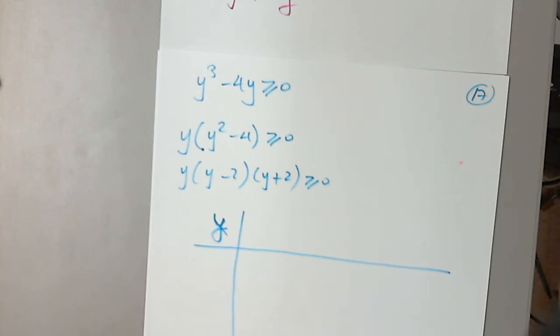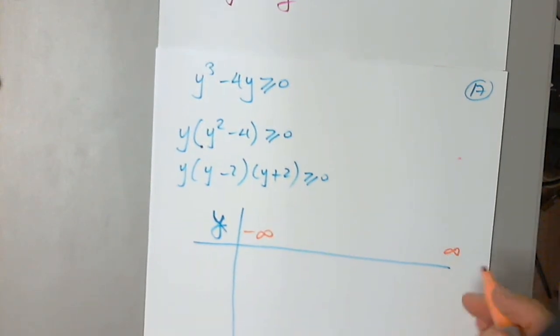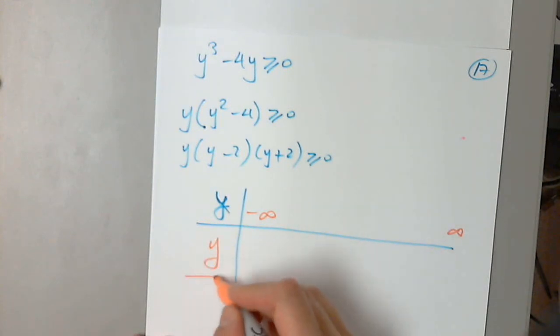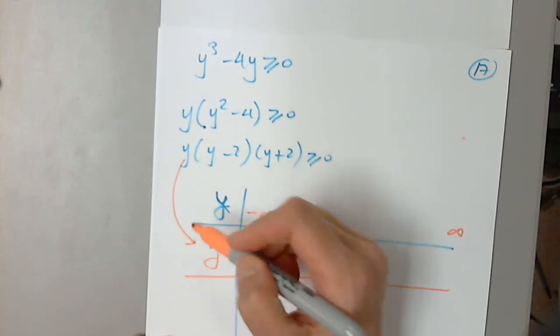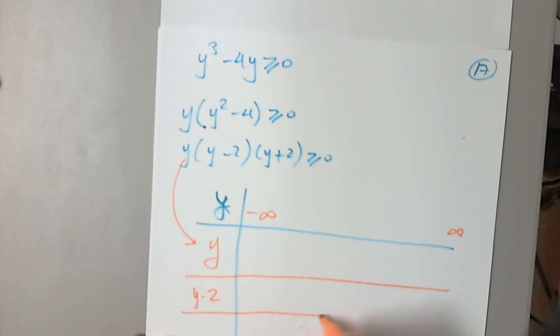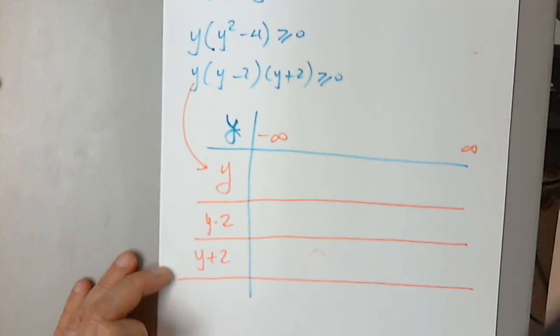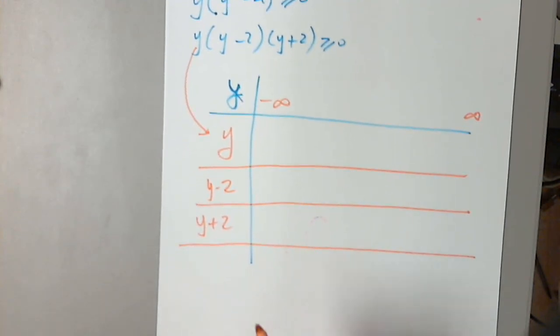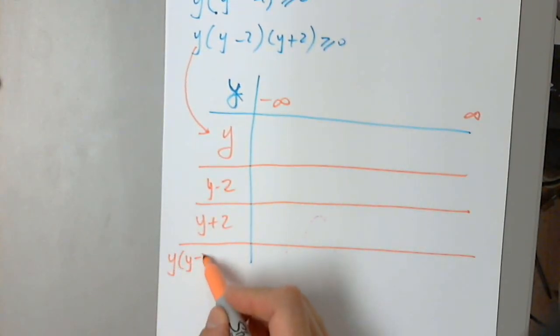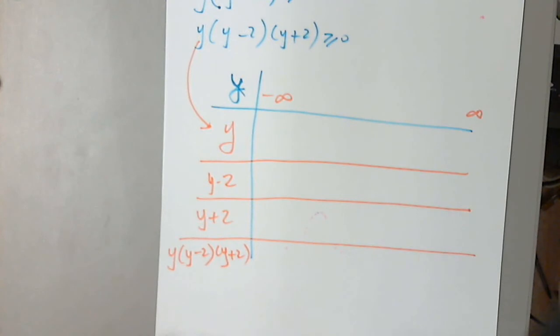Yes, so this will be everything in the problem. Then y is the first factor, y minus 2 is the second factor, and y plus 2 is the third factor. And what we are really interested in is the product, y times y minus 2 times y plus 2. We've done this at least 3 or 4 times.